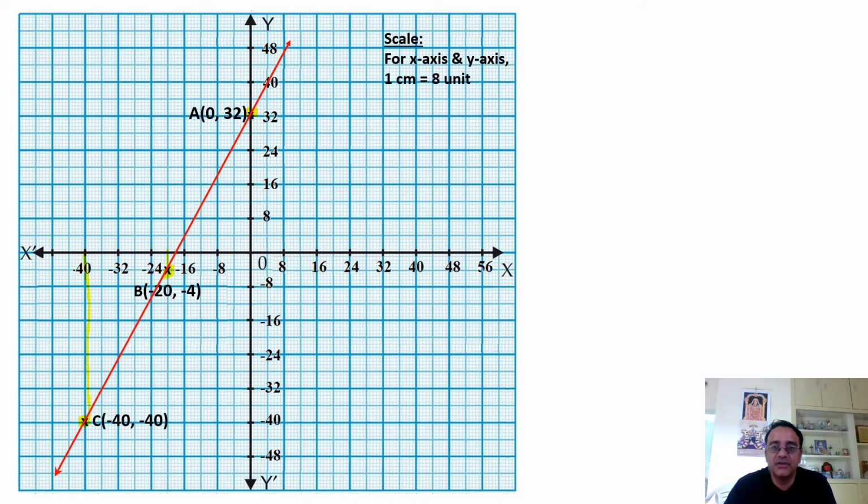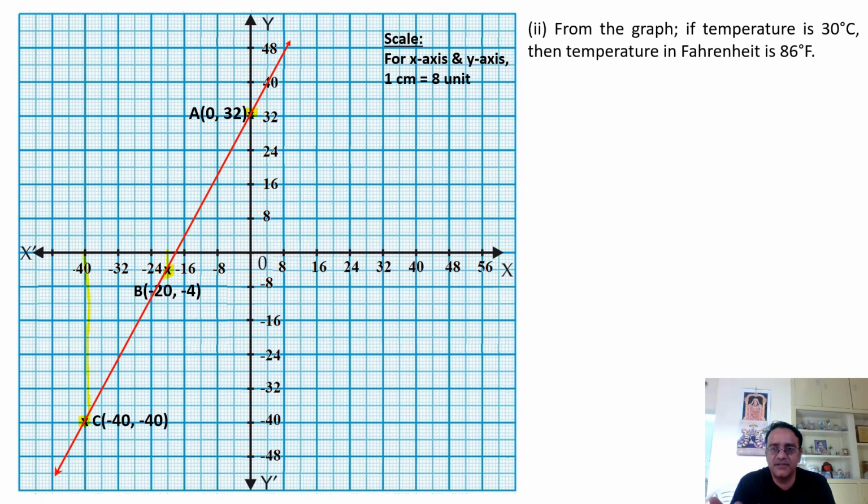Okay, so now we have to find all the 4 bits. The first bit is over. For the bits, if temperature is 30 degrees Celsius, then temperature in Fahrenheit is 86 degrees.